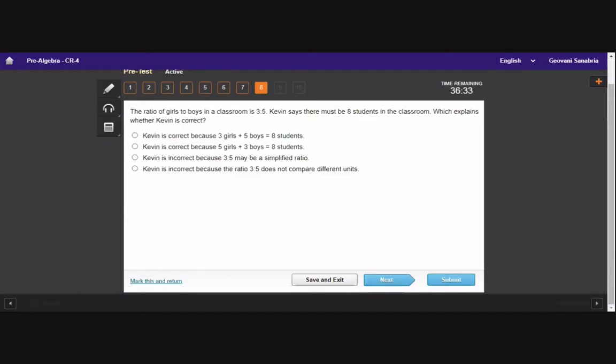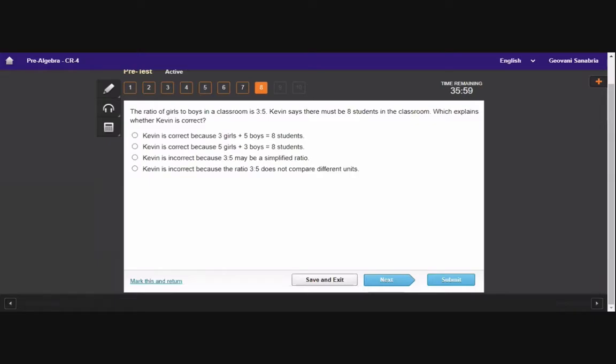Three to 5, and it's girls to boys. So girls 3, boys 5. Kevin says there must be 8 students in the classroom, which explains whether Kevin is correct. Kevin is correct because 3 girls, 5 boys equals... Oh, I see what it's asking.